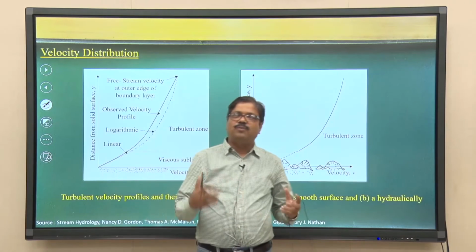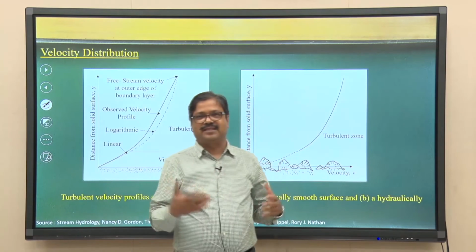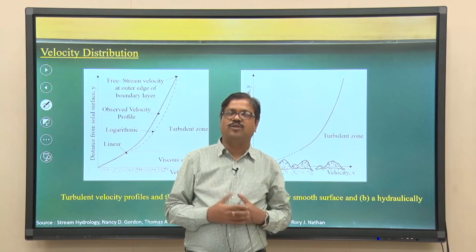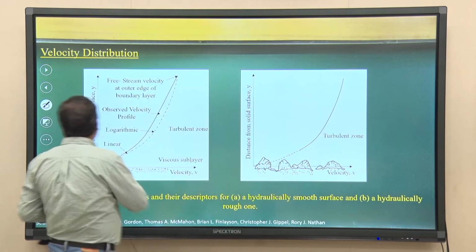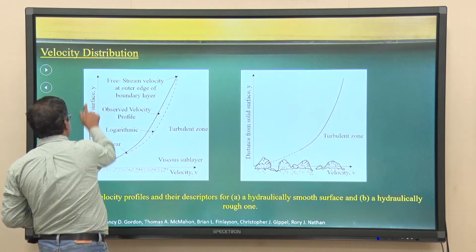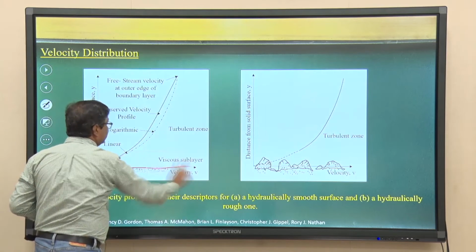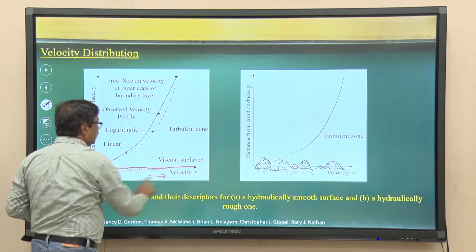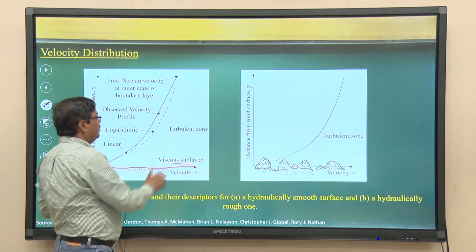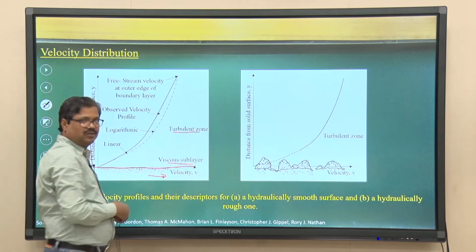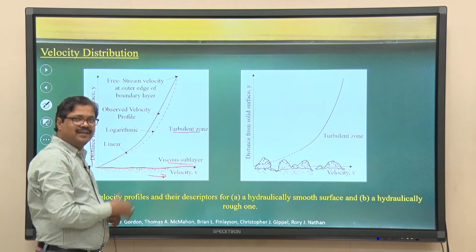Now, let us talk about velocity distributions. As we discussed, they follow the logarithmic distribution. If I plot distance from the bed, this is the bed, and this is the velocity, I will have a viscous or laminar sublayer, and then the turbulent zone. That is what we discussed at the very beginning.